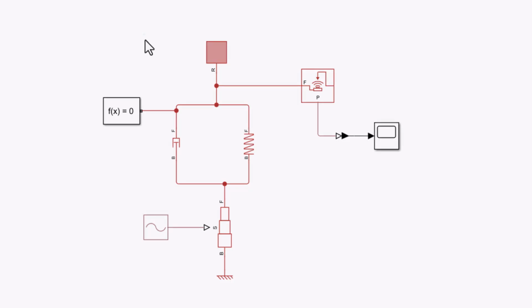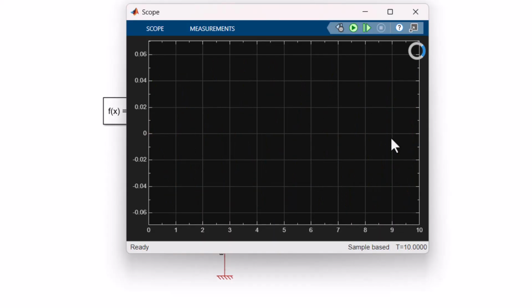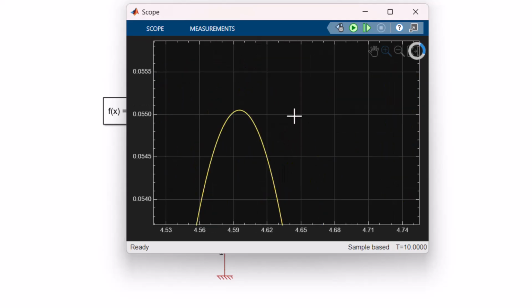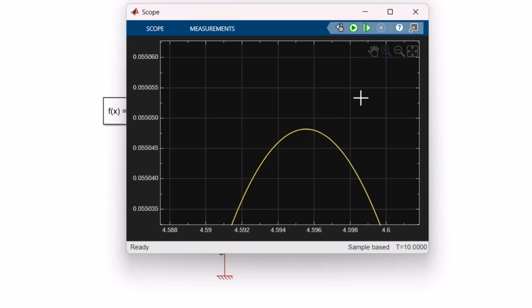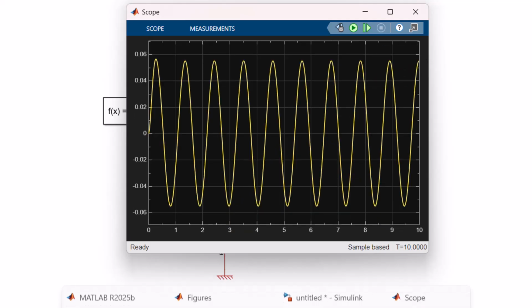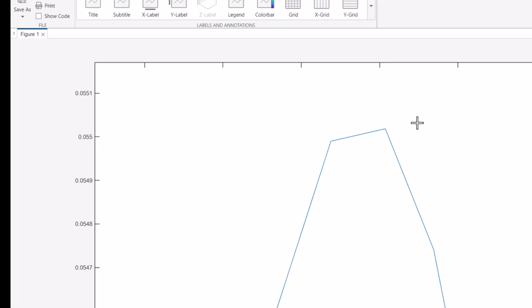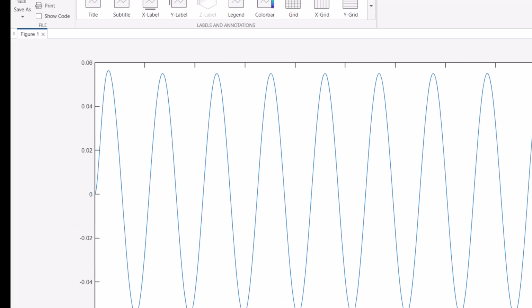I press Ctrl-T, and here we go, 0.055. This is the answer that I think we came up with. Yeah, here it is, using ODE45.